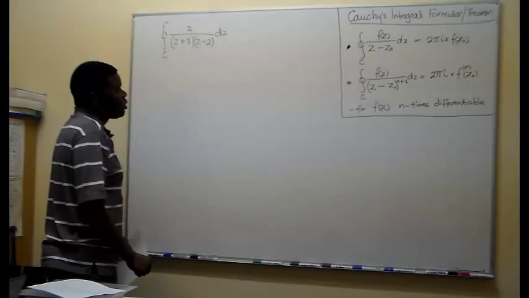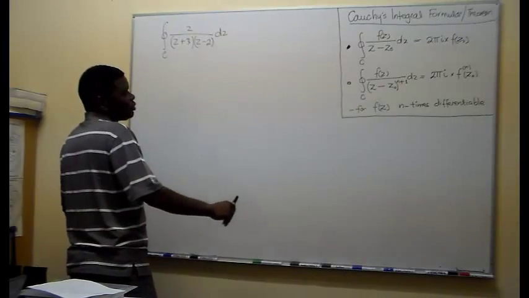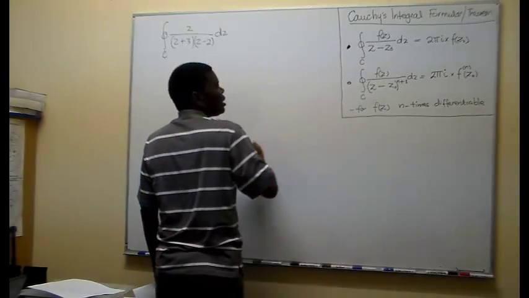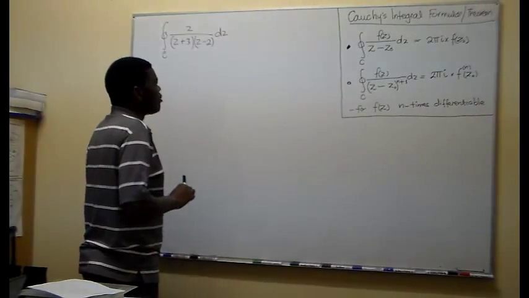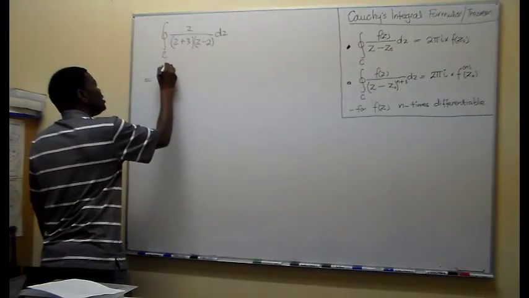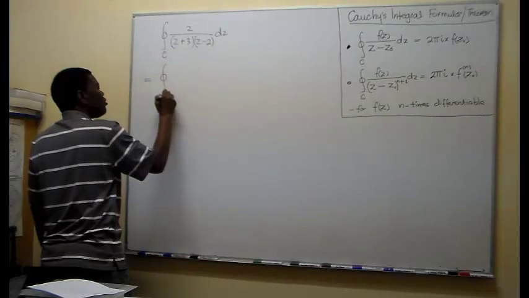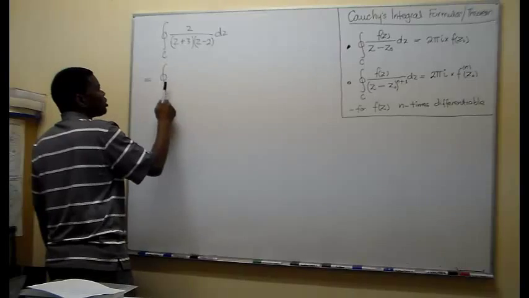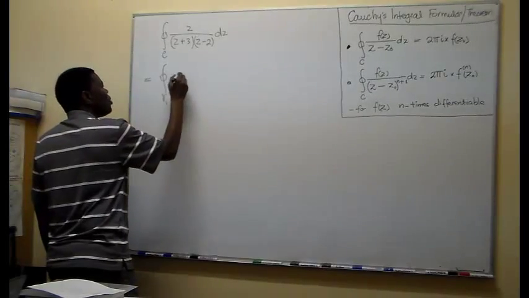So what we're going to do, we're going to integrate via this formula. Let's say this integral is equal to the integral over a simple closed curve gamma 1, which encloses, let's say, one pole.